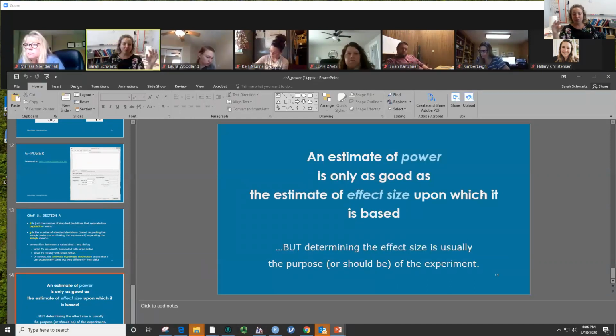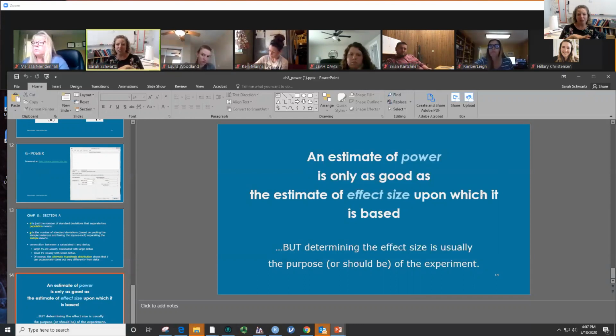What's something that would be in the realm of possible and important for the thing that I'm studying? Remember, Cohen's cutoffs of 0.2, 0.5, 0.8 are just general rules of thumb, to give you an idea of what would be smallish, mediumish, largish. It doesn't tell you what's applicable to your situation.